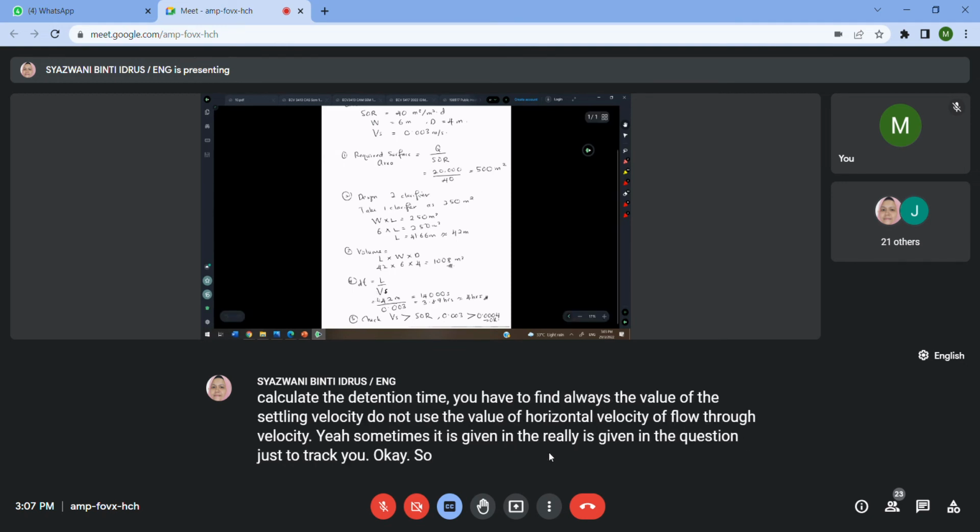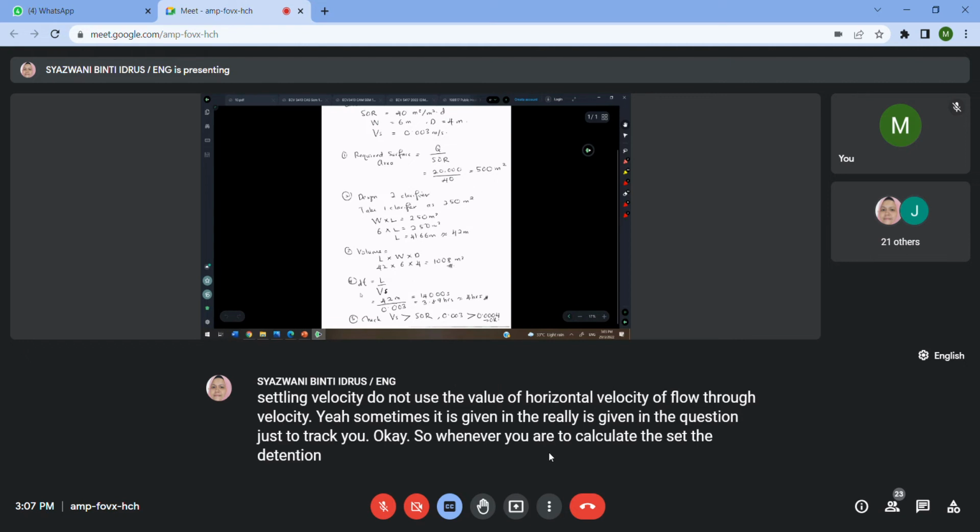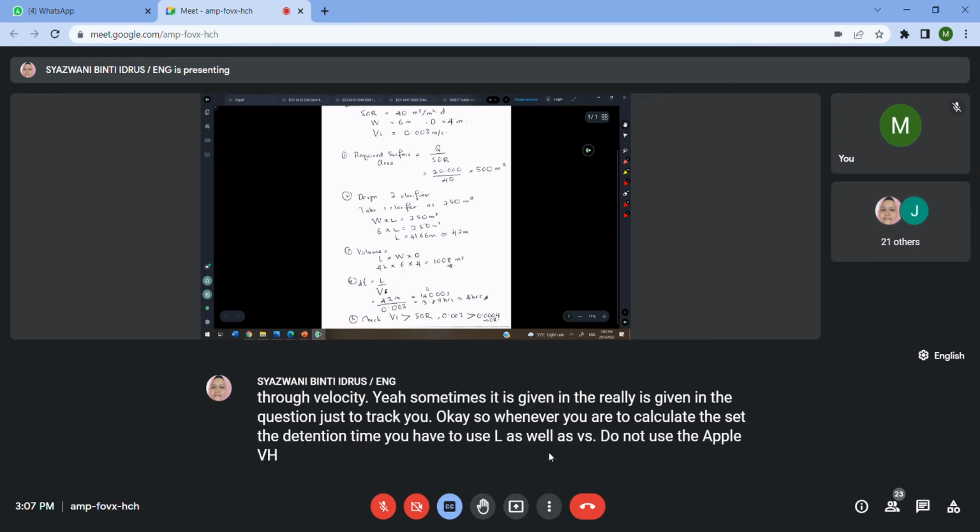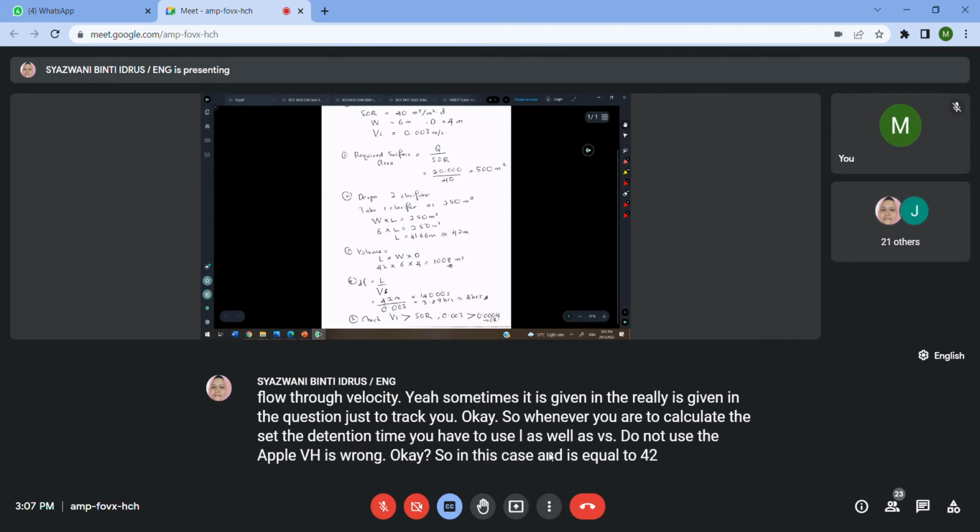So whenever you calculate the detention time, you have to use L as well as VS. Do not use D over VH, that is wrong. In this case, L is 42 divided by VS, so you will get about 4 hours for the detention time.